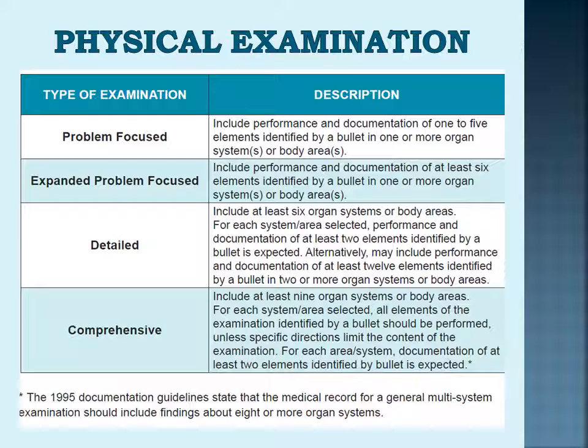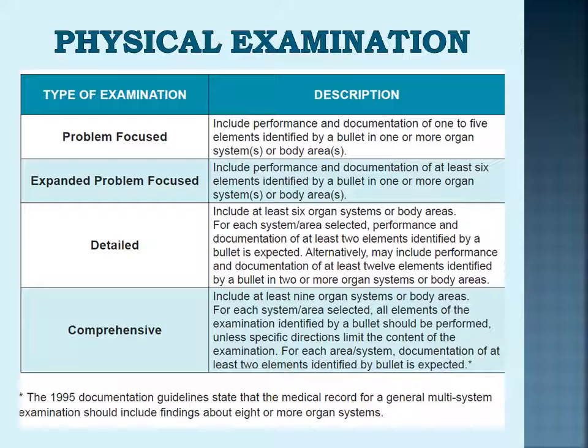And as you see, 1 to 5 elements are identified by a bullet in one or more organ system or body area. The expanded problem-focused physical is a limited exam of the affected body area or organ system and any other related areas or to do with other symptoms.